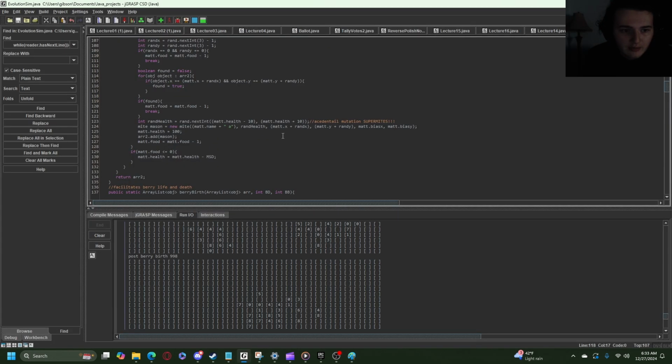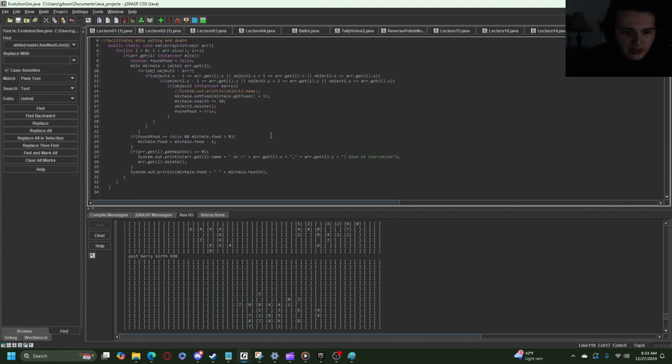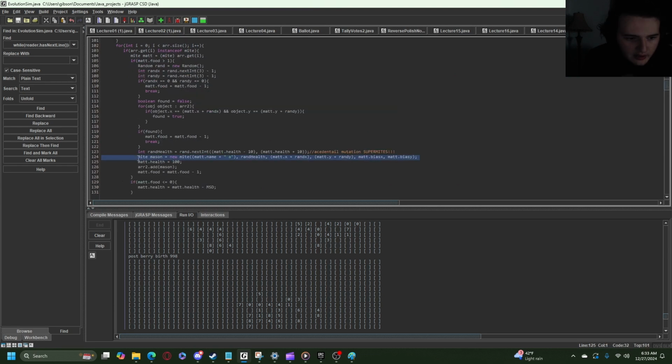So, I came up with this very interesting line here, line 124, which basically made it so that every time a mite reproduces, the offspring's name is the father's name, or the reproducer's name, plus an A at the end, which means that theoretically you would be able to pinpoint what generation a mite is from.